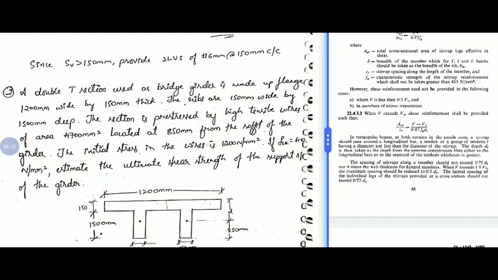The section is pre-stressed by high tensile wires of area 4700 mm square located at 850 mm from the soffit of the girder. The initial stress in the wires is 1200 Newton per mm square. If FCK equals 40 Newton per mm square, estimate the ultimate shear strength of the support section of the girder.